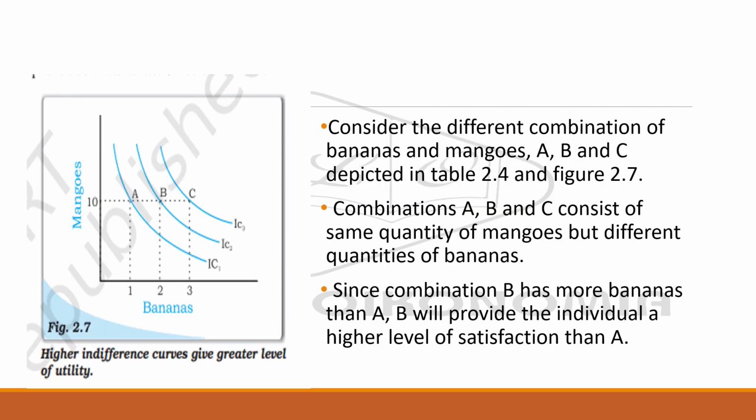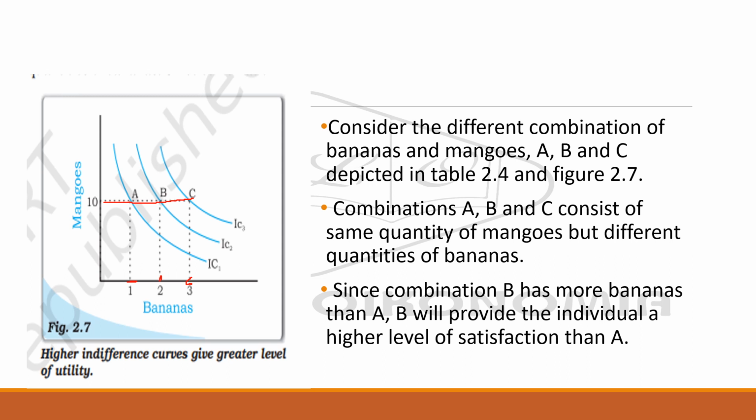So at these points the mangoes quantity remains the same, and the bananas quantity in IC1 is 1, in IC2 it is 2, in IC3 it is 3. This is what is happening.